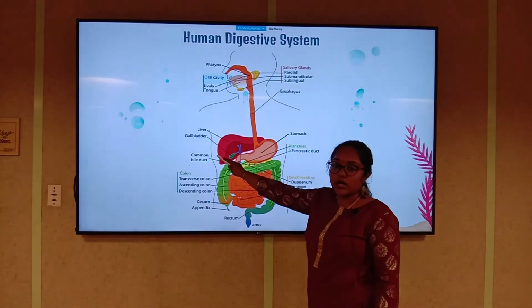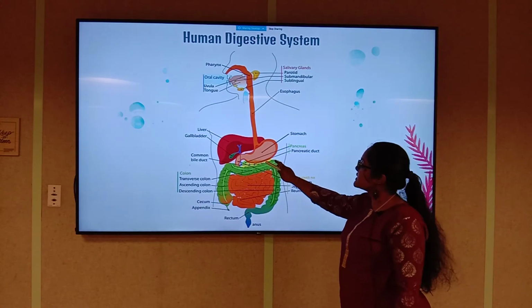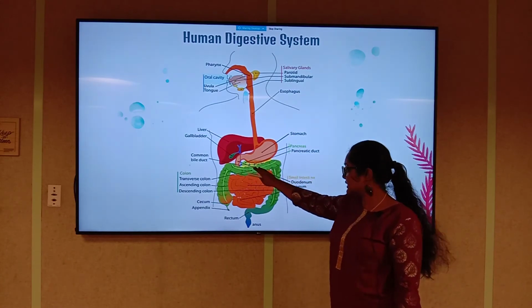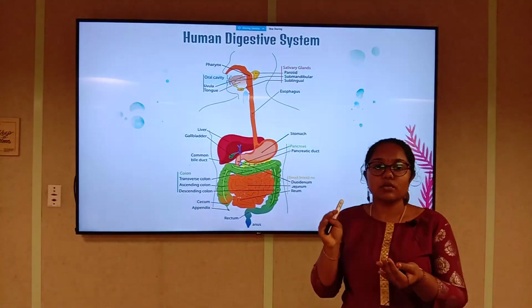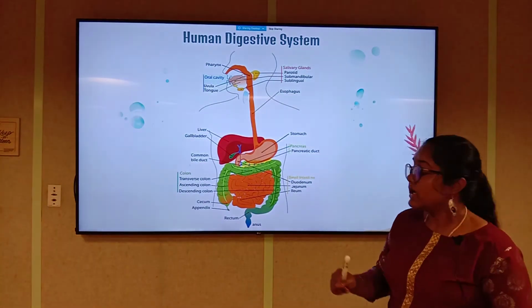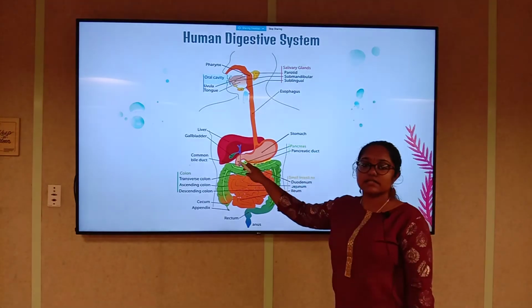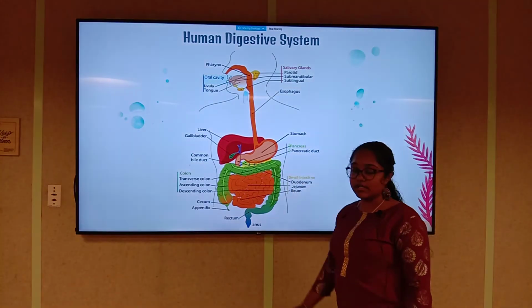Now that is the work of the liver and the bile juice. Here a light green structure is given which is not seen clearly, that's fine, because it is present behind the stomach and it is leaf-shaped. That is what we call the pancreas, which also sends some enzymes to the small intestine.